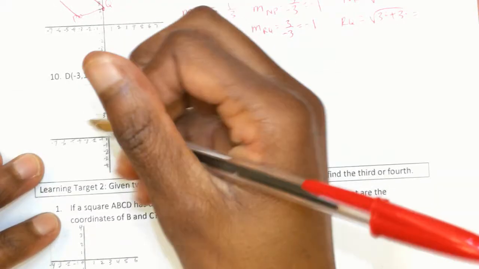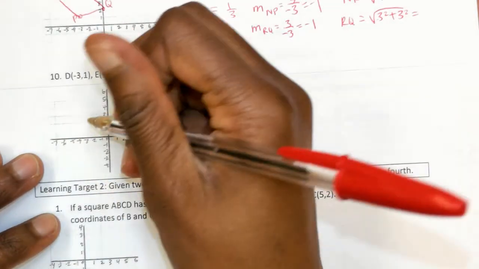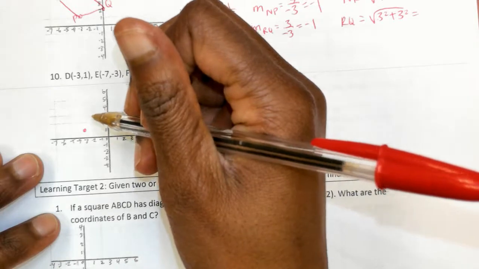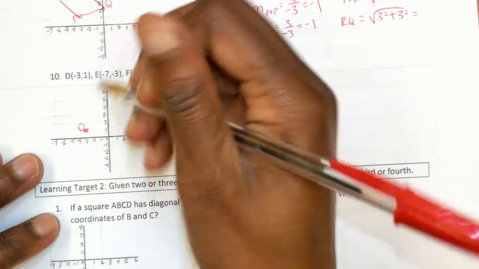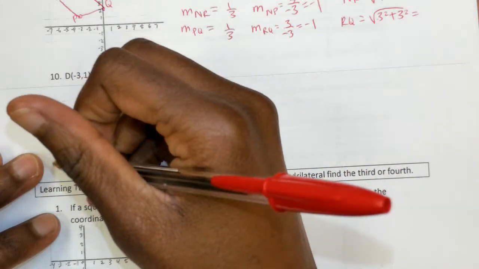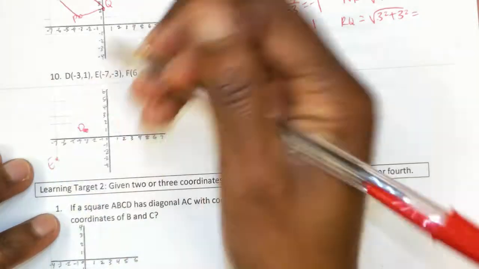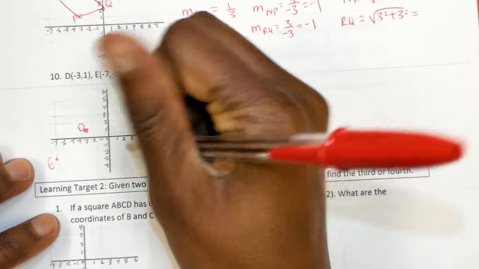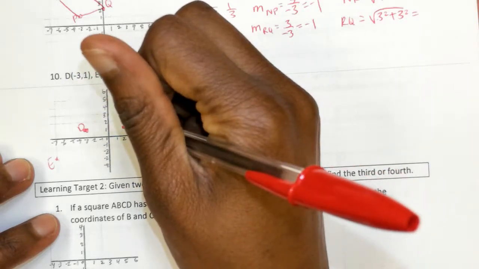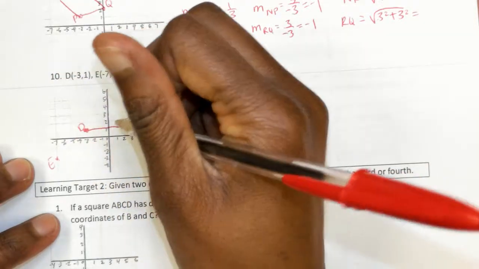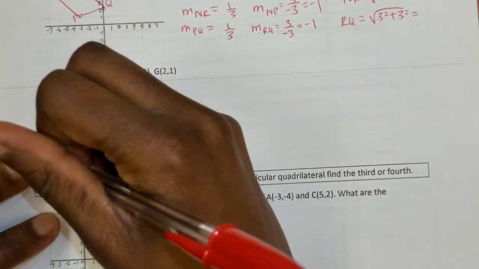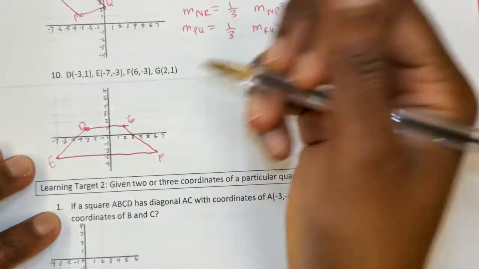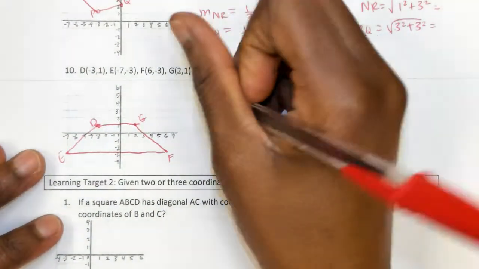Okay, since we're here, we'll do 10. Off the bat, it looks like an isosceles trapezoid.